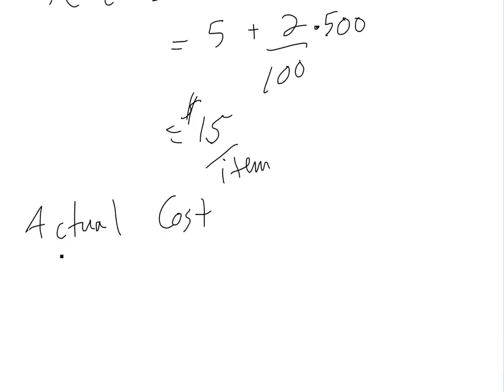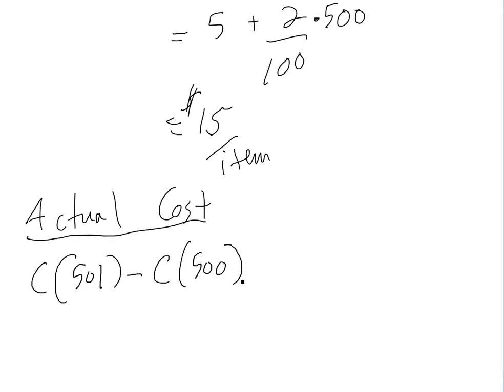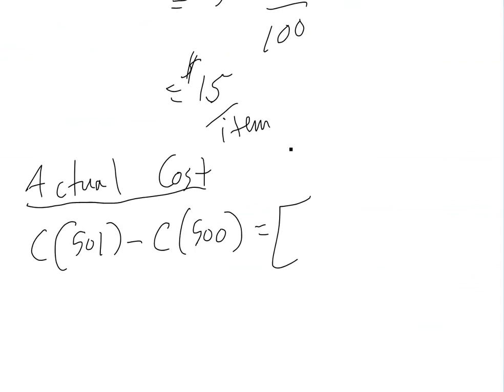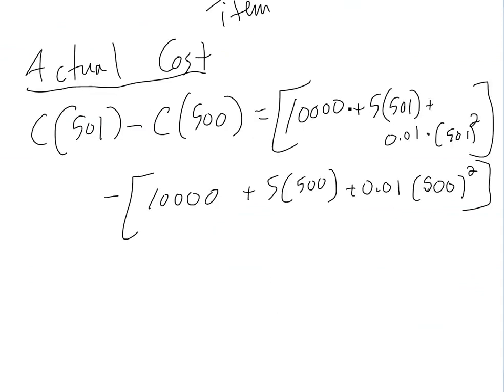You can calculate the actual cost by plugging in 501 minus the cost of 500 units into our main equation, which was given as 10,000 plus 5x plus 0.01x squared.